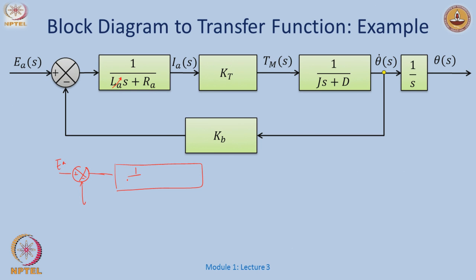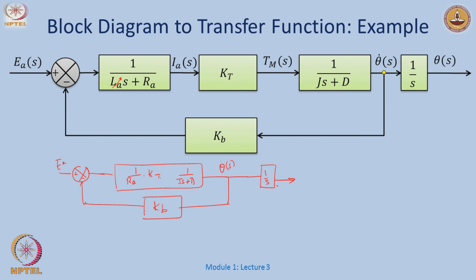So I have 1 over RA, I have KT, I have 1 over JS plus D, I have a theta dot of S, then a 1 over S, and I have a KB here. This goes from here till here.